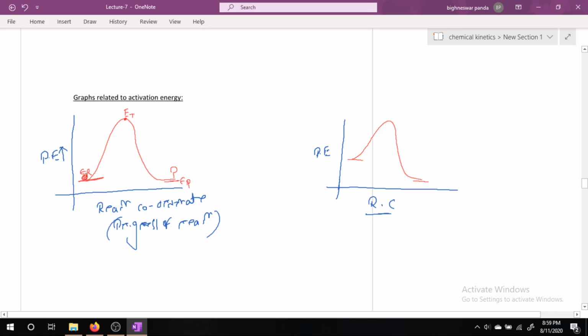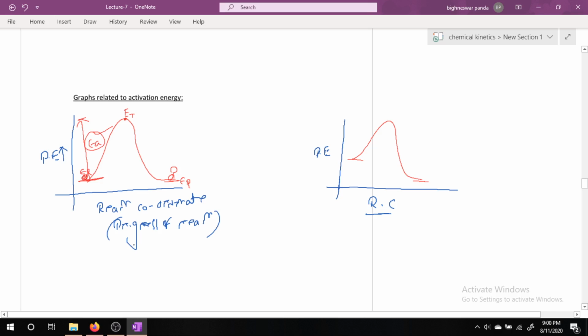This molecule will convert into product only when it has energy sufficiently equal to threshold. Since reactant molecules have insufficient energy, we have to give this much amount of activation energy. If we supply this much amount of energy, this molecule can participate in the reaction and be converted into product.